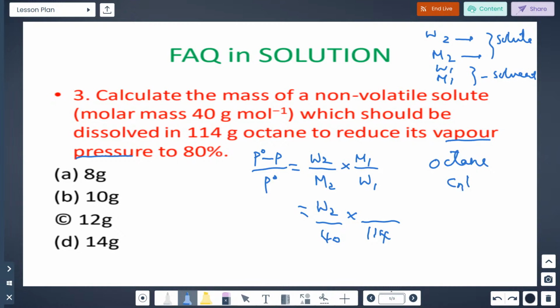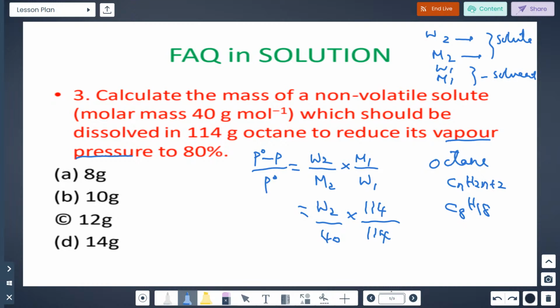CnH2n plus 2. That's the formula. It's octane family. So octane means here C8H18. I already told you, one carbon 12, one hydrogen 1. If you multiply all these, we are getting the value 114. That's the molecular mass of octane.